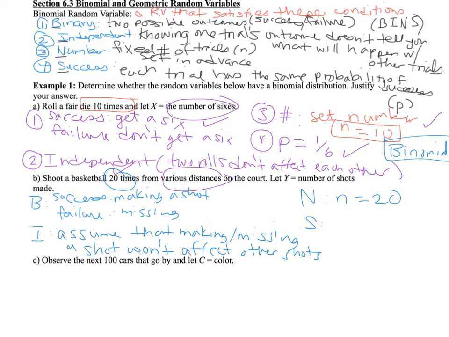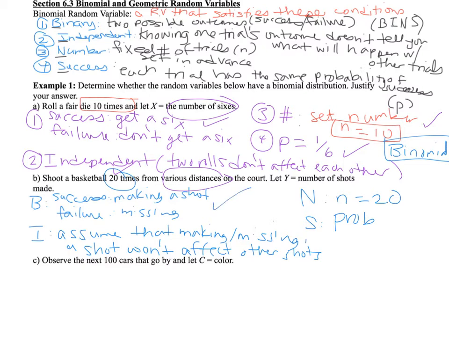We can assume that shooting from way past the 3-point line is going to give us a very different probability than shooting from very close or doing a layup. So we cannot say that the probability of success is going to be the same.